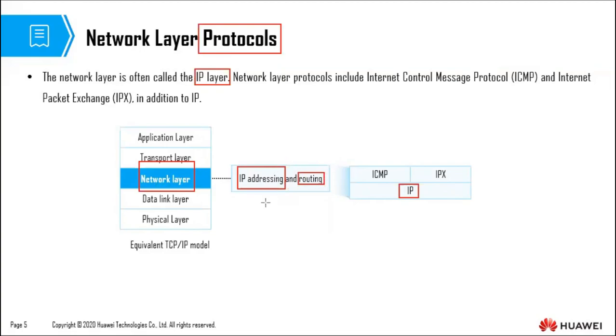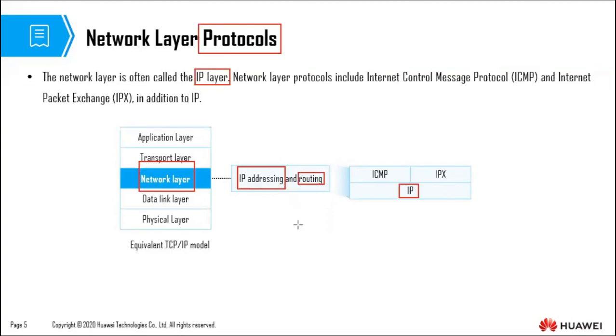So IP addressing, you remember last time we said data has to have a logical address and a physical address. The physical addressing is done at the data link layer. The logical address is done at the network layer. So we are going to look at what this is.